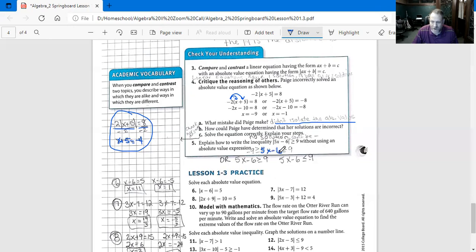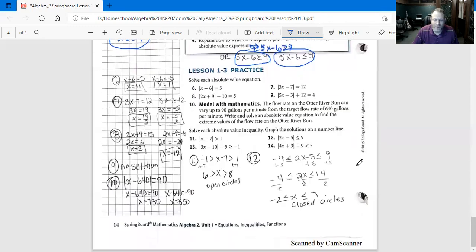We took it out of the brackets and everything stays the same here, but we just added our -9 here and kept the same sign we did on the other side right here. Okay. All right. Or we could have done 5x minus 6 is greater than or equal to 9, or 5x minus 6 is less than or equal to -9.